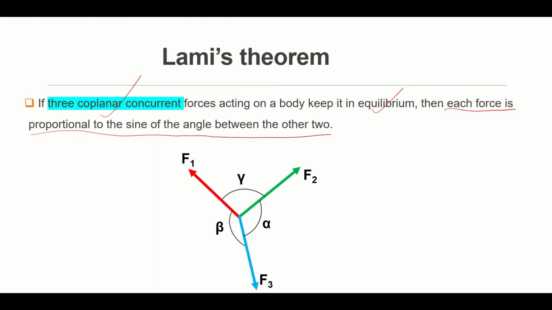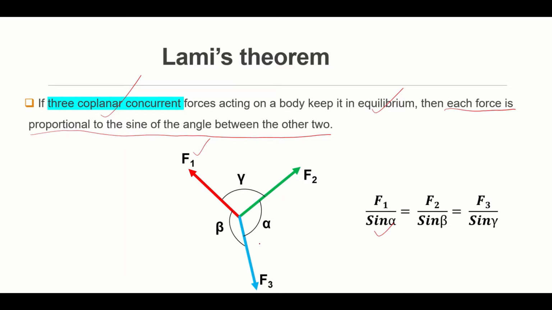And then as per Lami's theorem, F1 by sine alpha equals F2 by sine beta equals F3 by sine gamma. That is, each force is proportional to the sine of the angle between the other two. F1 by sine alpha: what is this sine alpha?